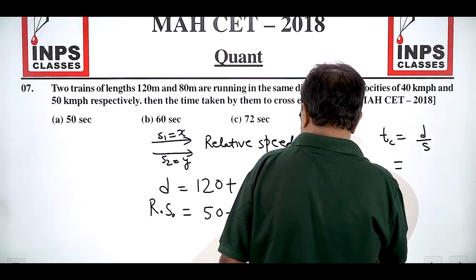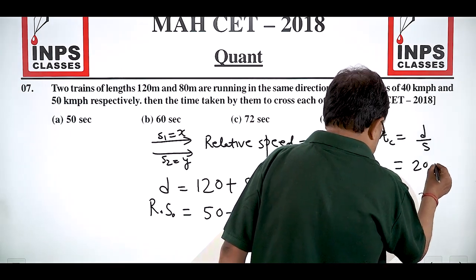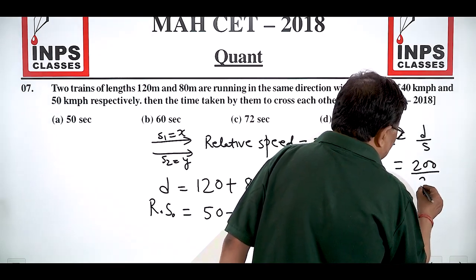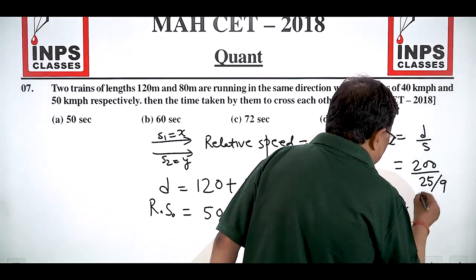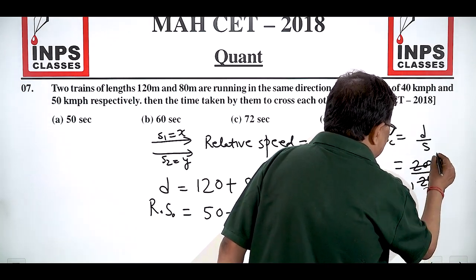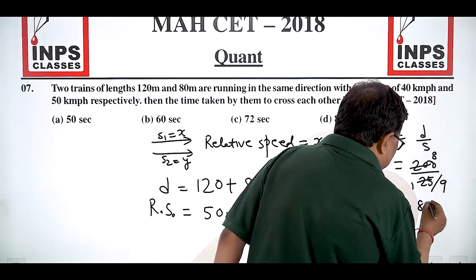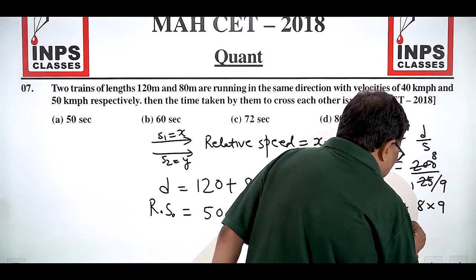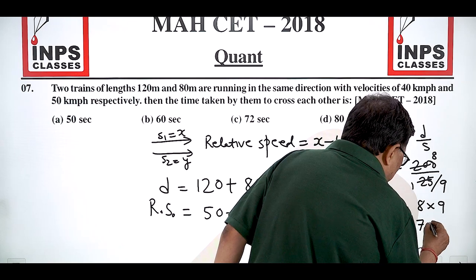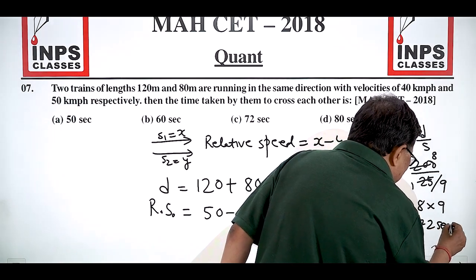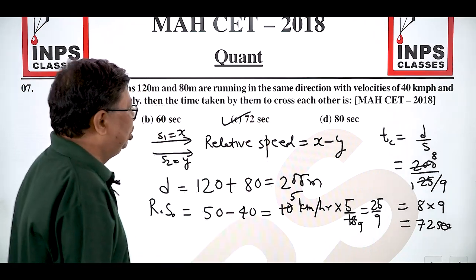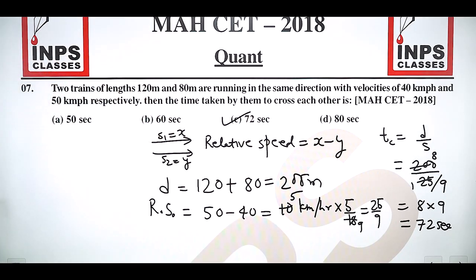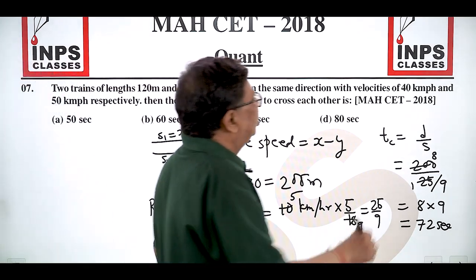So, distance we have found out is 200 divided by 25 by 9. So, 8 into 9, that gives me 72 seconds. So, my answer here is C, 72 seconds. Fine. We go to the next question now.